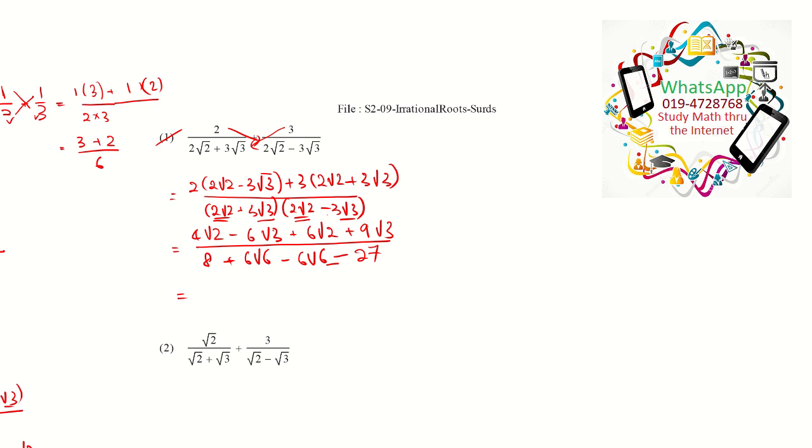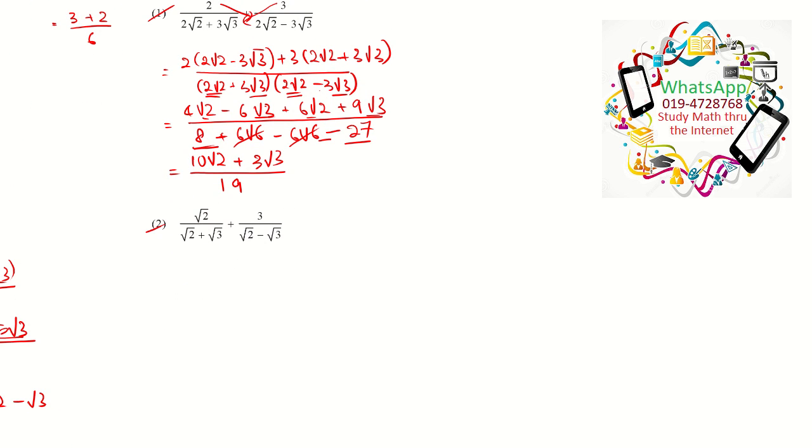Right, then you simplify, root 2 and root 2 you add together is 10 root 2. Okay, then it is root 3 and root 3, 6 root 3 minus 6 root 3 plus 9 root 3 becomes 3 root 3. Denominator, this 2 you can cancel, 8 minus 27 you get 19. Okay, this is your answer.